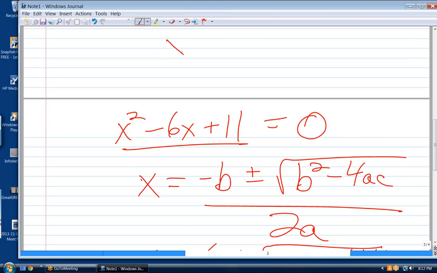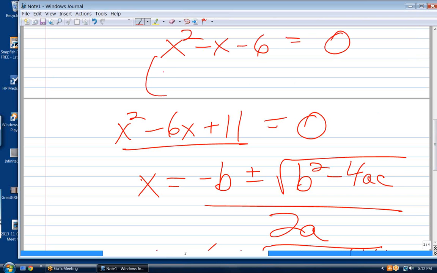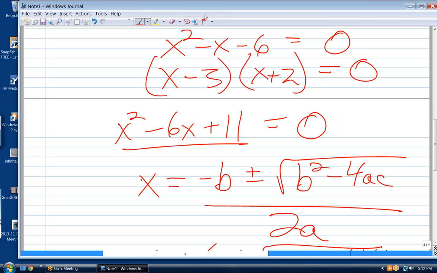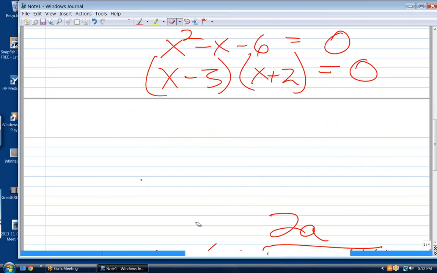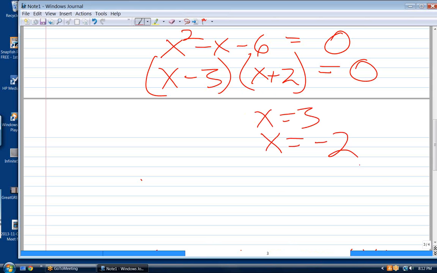If I take this, x squared minus x minus 6, and say that's equal to 0, that factors into x minus 3 times x plus 2. So I can say my zeros are x equals 3 or x equals minus 2.